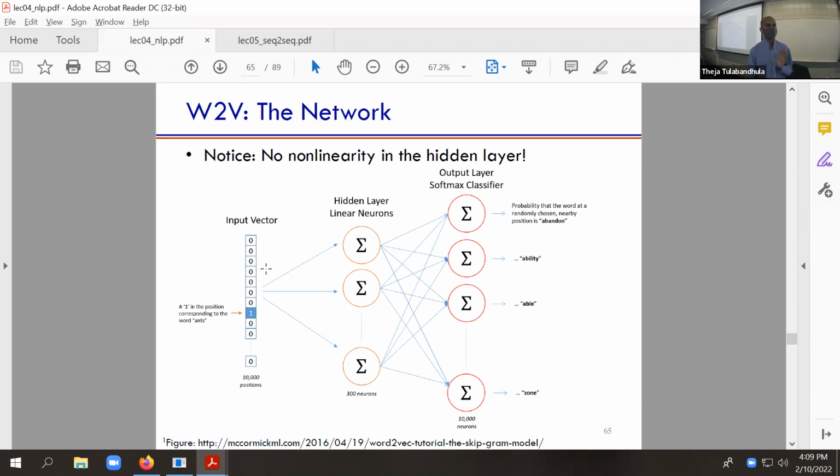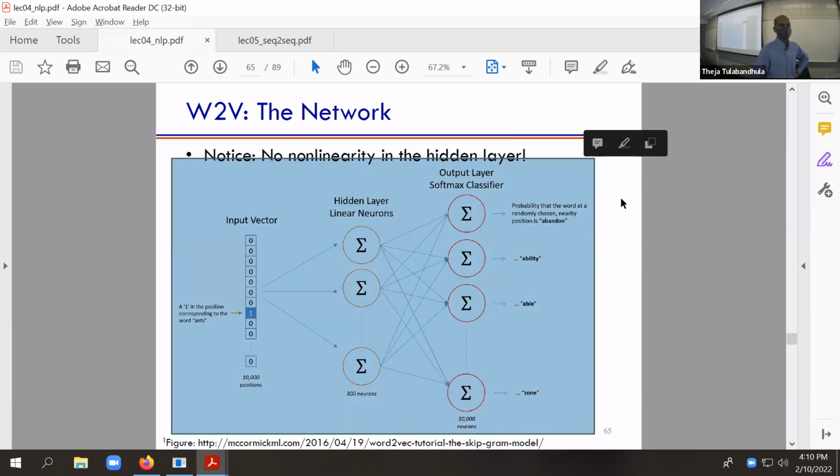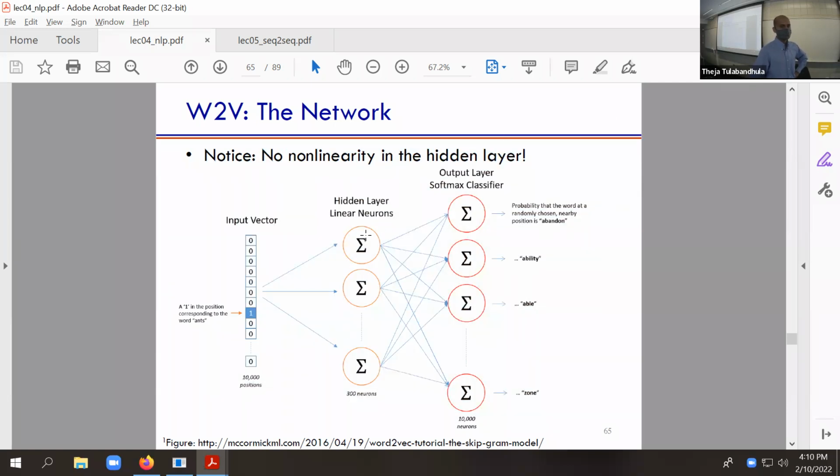The network architecture is as follows. You have an input vector, 10,000 dimensional. From here there's going to be one hidden layer, so it's a one hidden layer neural network, with one set of neurons in the center. And there's going to be an output layer, which is 10,000 dimensional because that's our vocabulary size. And there is no non-linearity.